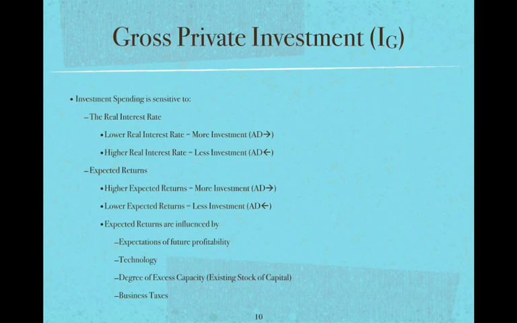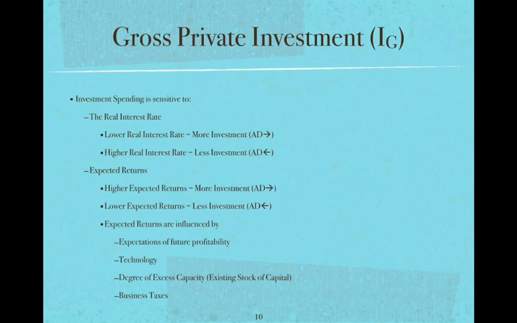It also comes down to our expected returns. If I think that I'm going to get a good return on it, it's that saying, more bang for your buck. I've got to look at the long run ramifications. And so this goes back to what we talked about in Unit 1, marginal cost versus marginal benefit. That's what a business is doing here. They're looking at the cost of doing said investment. They get a good return off of it.